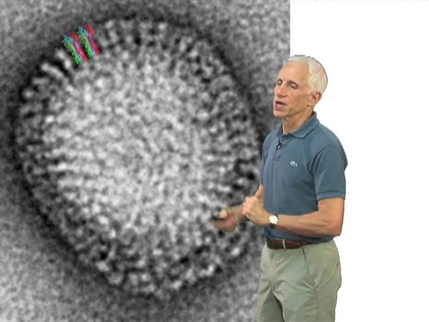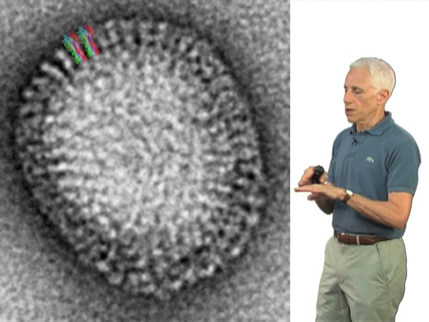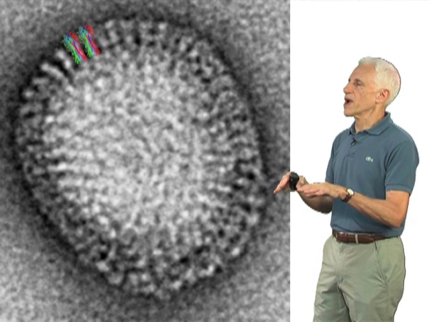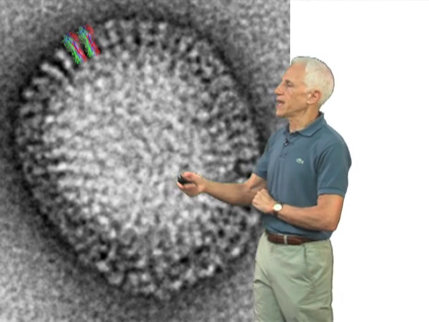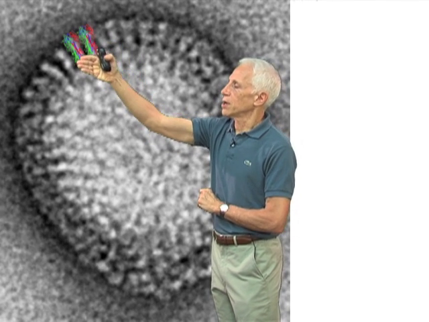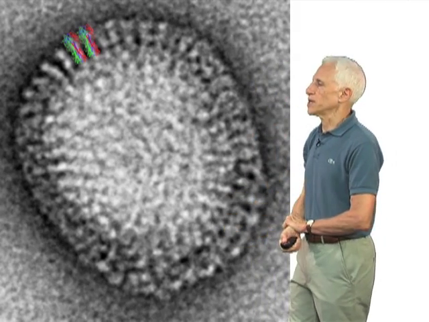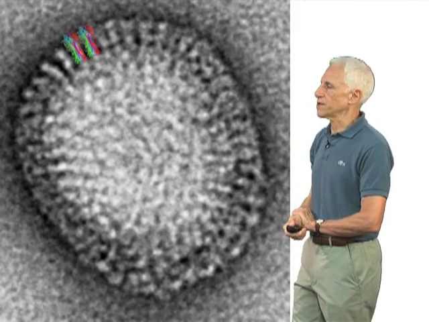Also, because of the tight packing, it's very unlikely that in the surface of the virus, the proteins can move around very much. And so again, the process is presumably carried out by a local set of interactions at an attachment point between the viral membrane and the cell surface.